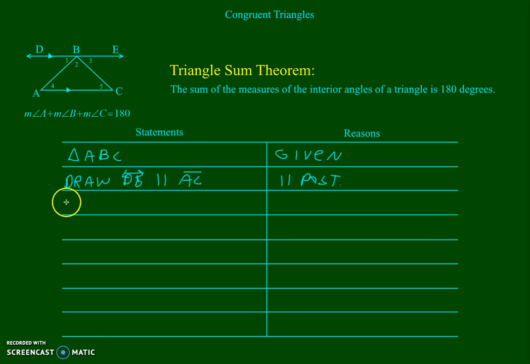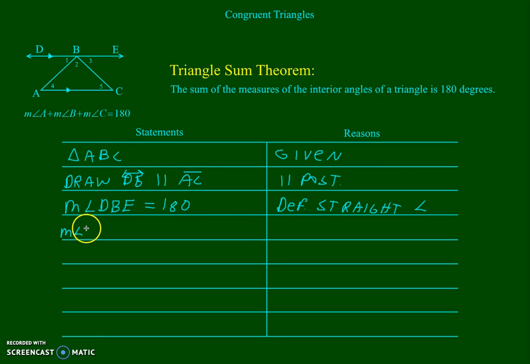So we know the measure of angle DBE equals 180 degrees. And that's the definition of a straight angle. Okay, now we know that angle 1 plus angle 2 plus angle 3 equals the measure of angle DBE.